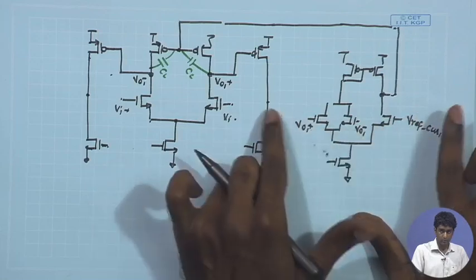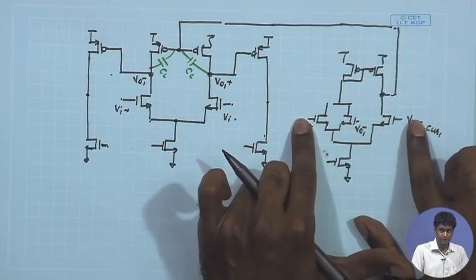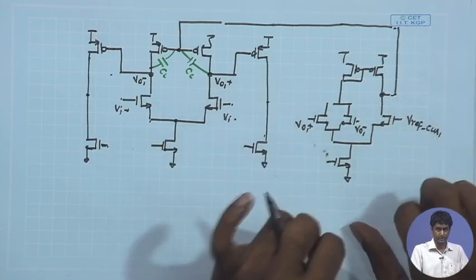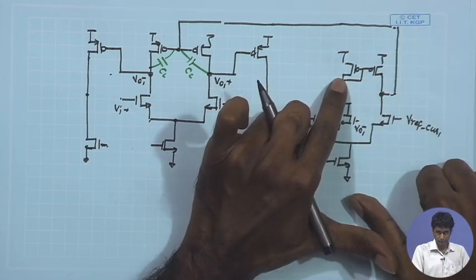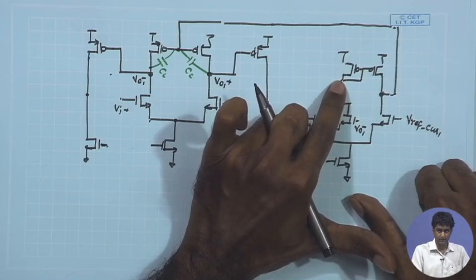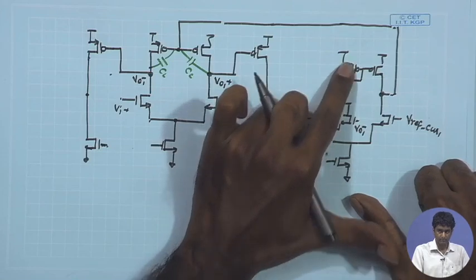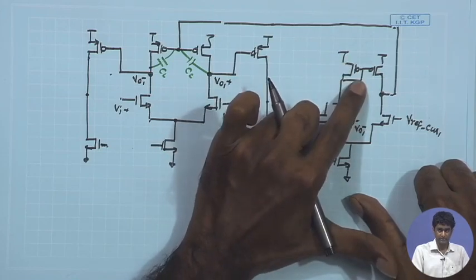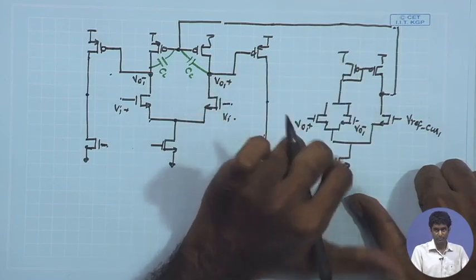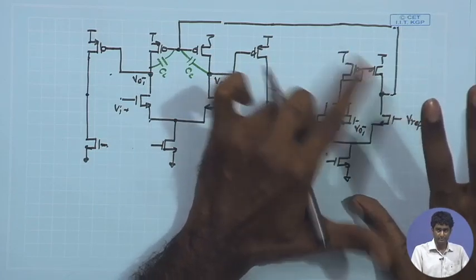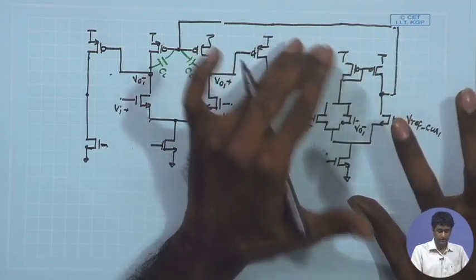If I look at the common mode response of this, suppose these two DC potentials as well as the VCM Ref are close together, the output DC point over here is going to be close, not the same, but at least close to the gate voltage of this PMOS load, which is basically VDD minus VSG, and this VSG drop will be close to the mod VT of the PMOS, which is again 0.4 volt.